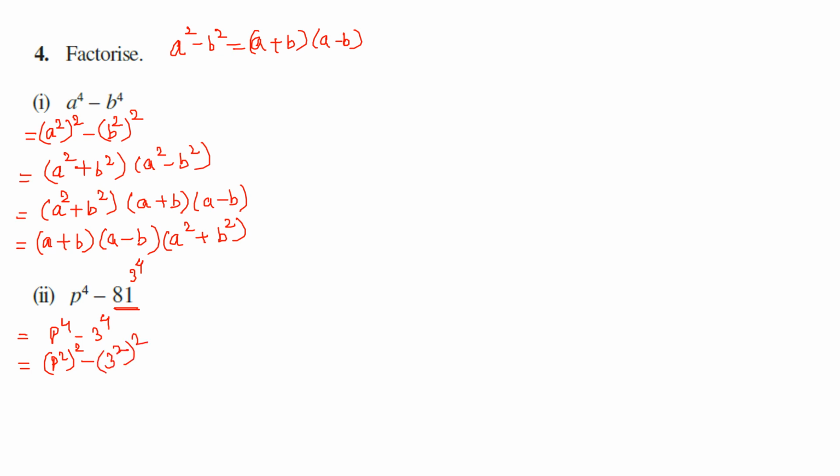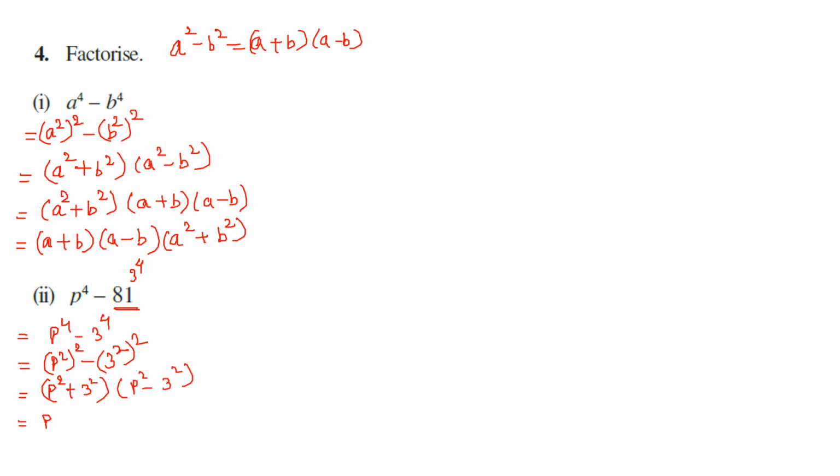Now again I am going to use the identity a square minus b square will be equal to a plus b into a minus b. Right? So if I am going to write it, it will be p square plus 3 square into p square minus 3 square.